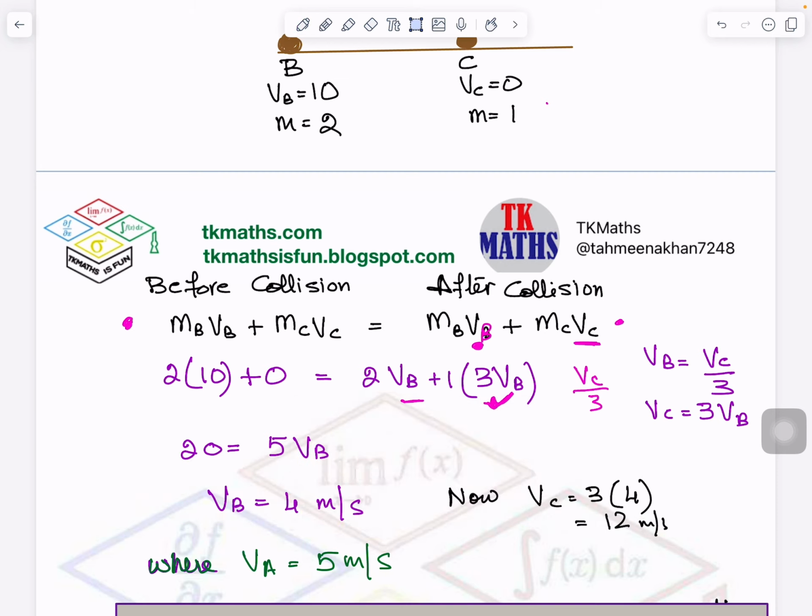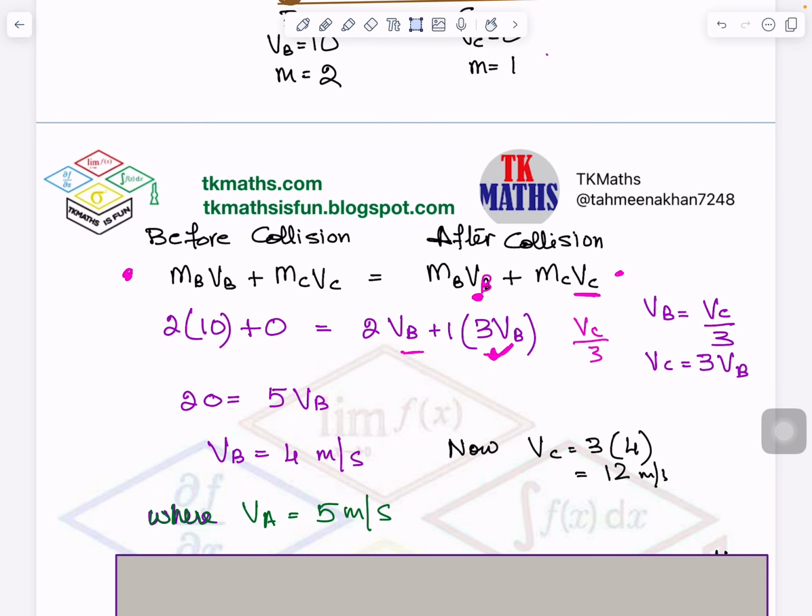So when I calculated, I found that the velocity of B is coming 4 meter per second, right? What was the velocity of A after the collision? 5 meter per second. So now A is coming with the speed of 5, and after the collision, B is moving with the speed of 4 meter per second.